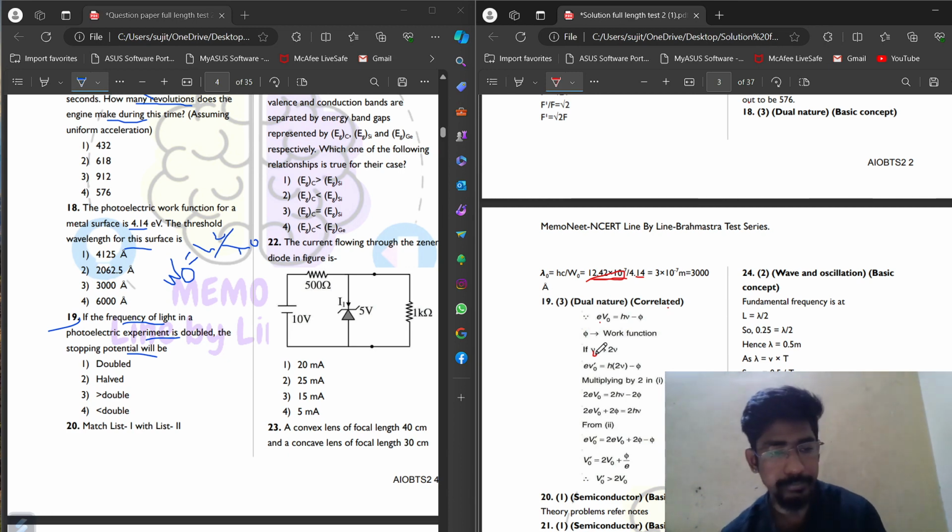In the question it is said the frequency is doubled, that means nu dash becomes 2 nu, right? So just put the value, you will get it.